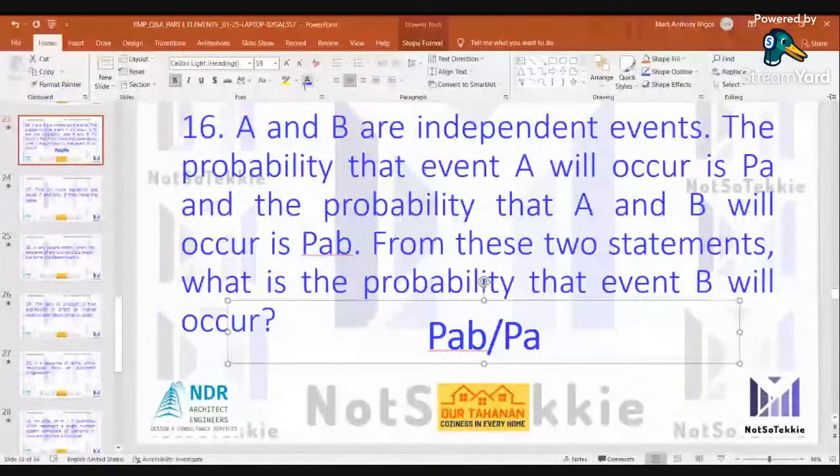A and B are independent events. The probability that event A will occur is PA, and the probability that A and B will occur is PAB. From these two statements, what is the probability that event B will occur? The answer is PAB over PA.